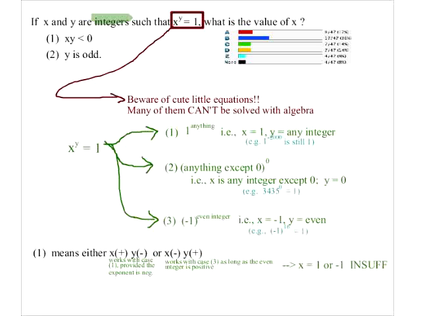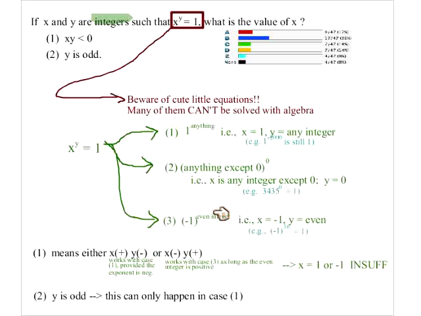On the other hand, statement 2 means y is odd. The only place where that can happen is case 1, because in this case y is 0, which is not odd, 0 is even. And in any case, all that matters is that 0 is not odd in this case.